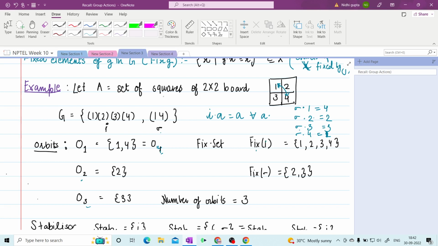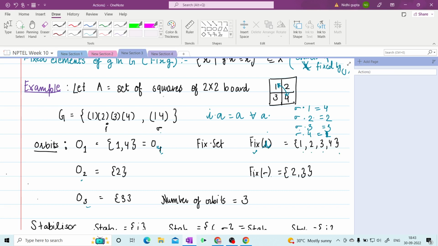So fix of identity is basically all the elements of X which are fixed by identity. Now identity is not at all changing our X. So we can see all the elements 1, 2, 3, 4 are fixed by identity.